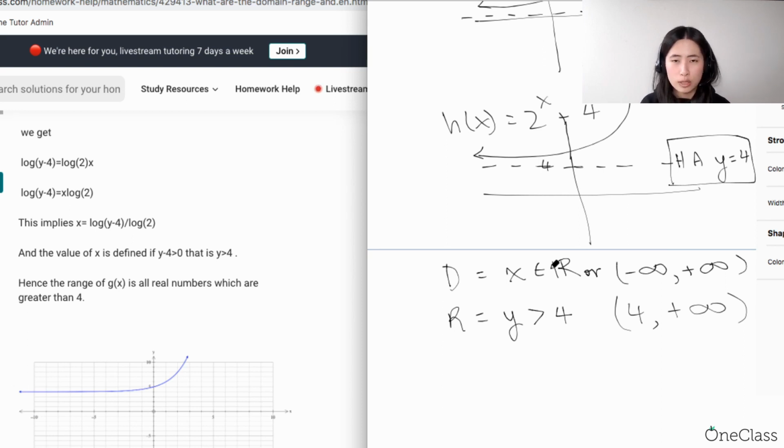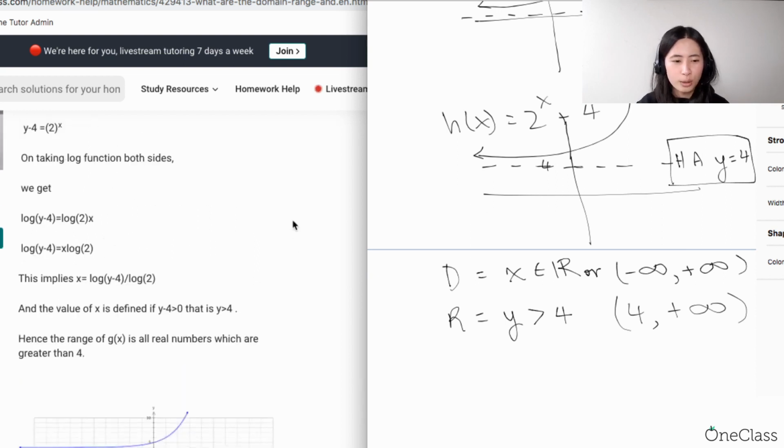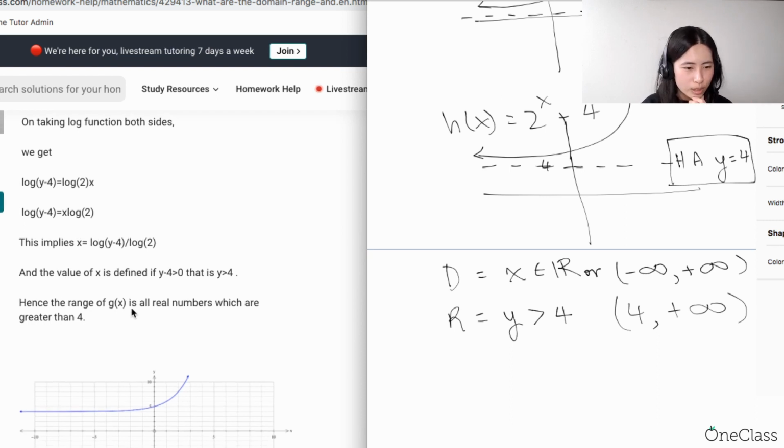I think that's the best way to go, especially when you're writing your test, because you have no time to graph this and you don't even have a graphing calculator. So you actually need to know what your parent function looks like. I would just focus on your exponential function because you're not solving for x. There's no point in taking the log.